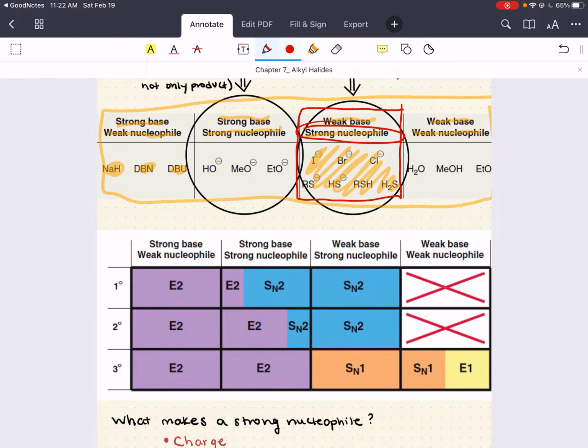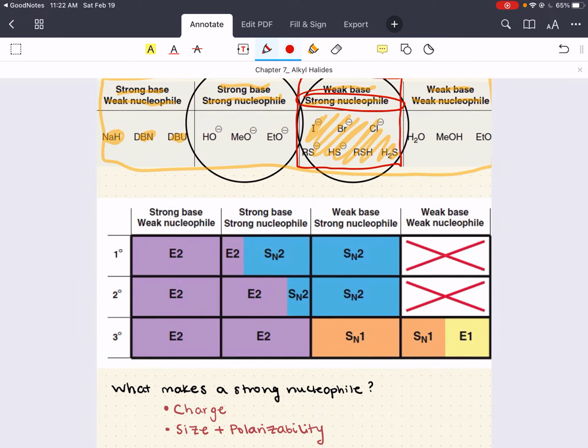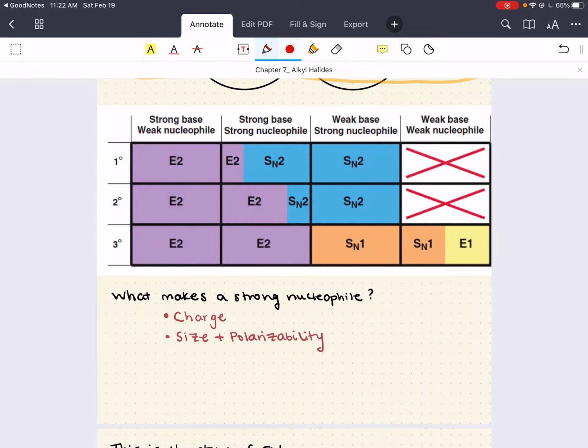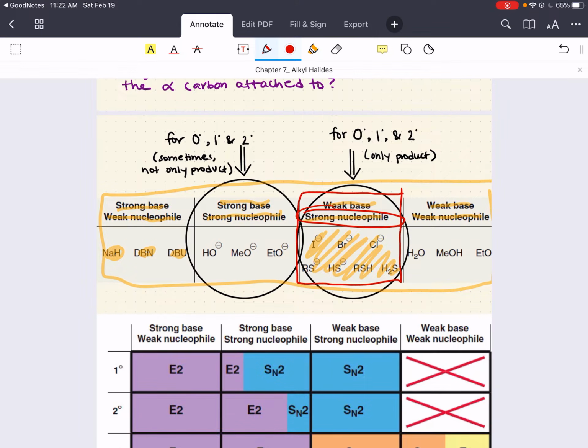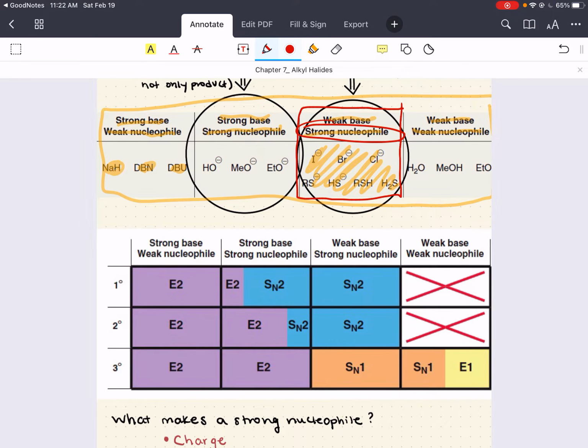Also note here that the alkyl halide is primary or secondary, and there are no side products with SN2 in that regard. Really quickly, we can look here at the table.